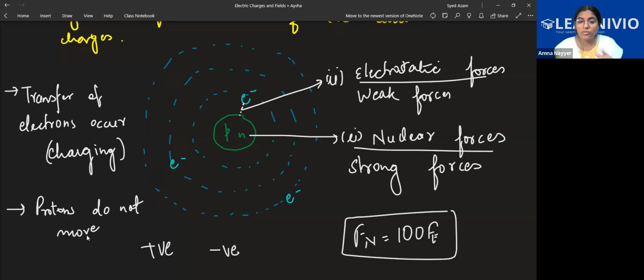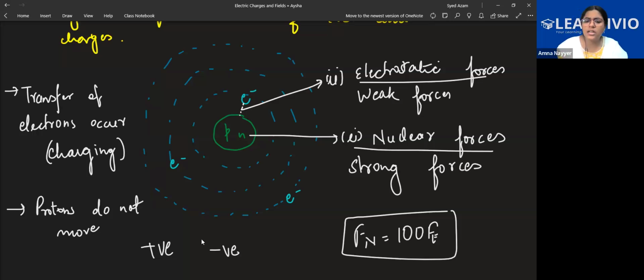Protons do not move. It's not that when we say a body is positively charged, it has lots of protons that have been added into the atom from a neighboring atom. That concept is wrong. It's the deficiency of electrons that is called positive, and gaining of electrons, obviously, is negative.